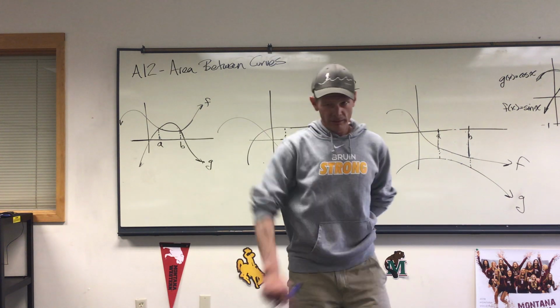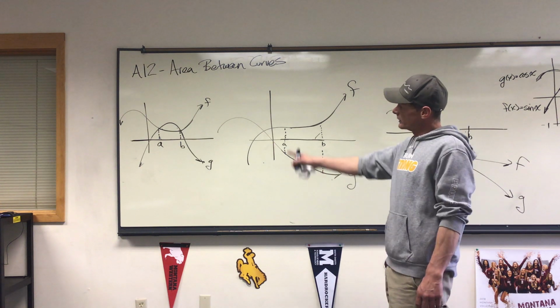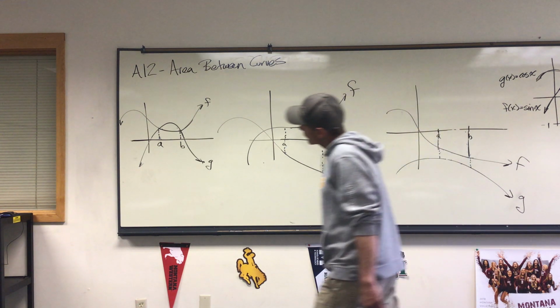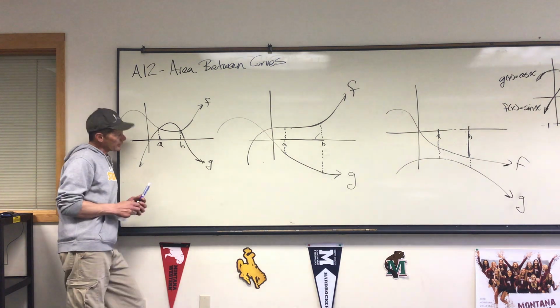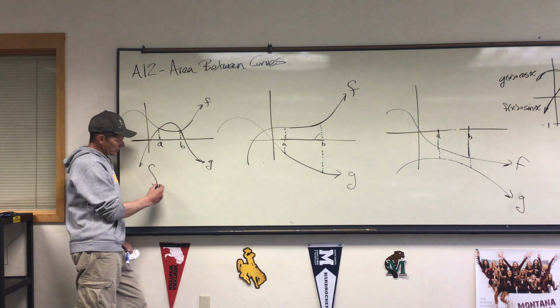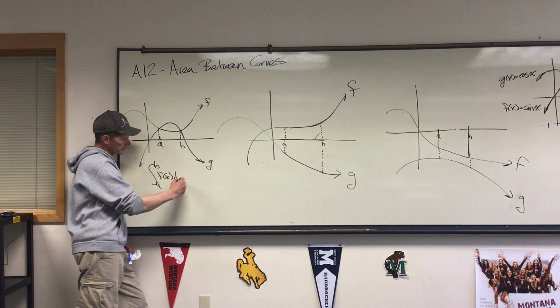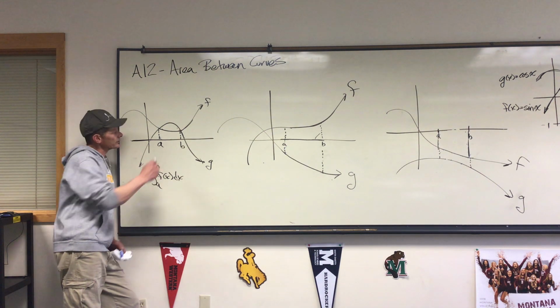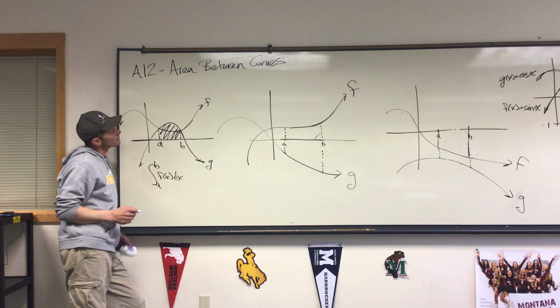You're almost done. So, we want to find the area between f and g here. Their intersections are at a and b. So if I do the integral from a to b of f of x, I will get this whole region.